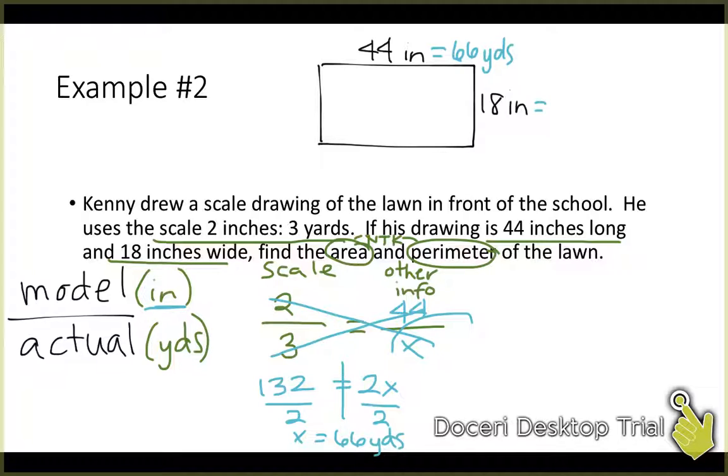Now I need to set up another proportion because I still need to find out what 18 inches is. I'm going to use my same scale of 2 over 3, but in this case my other info is 18 inches, so it goes on top. I'm going to solve this.